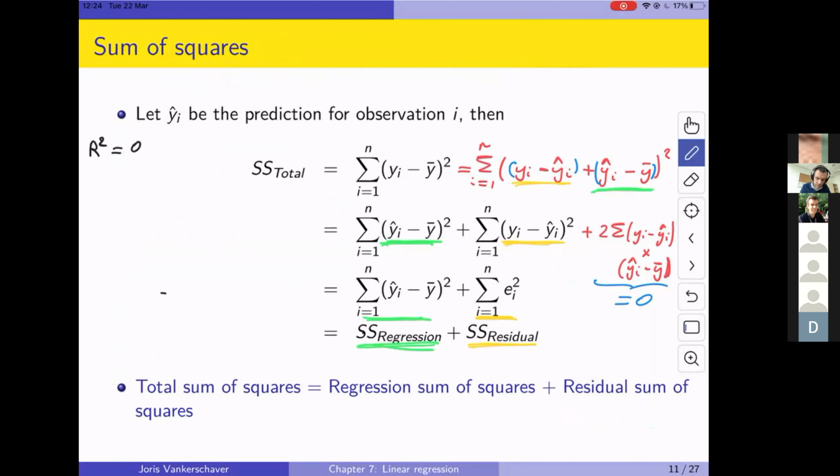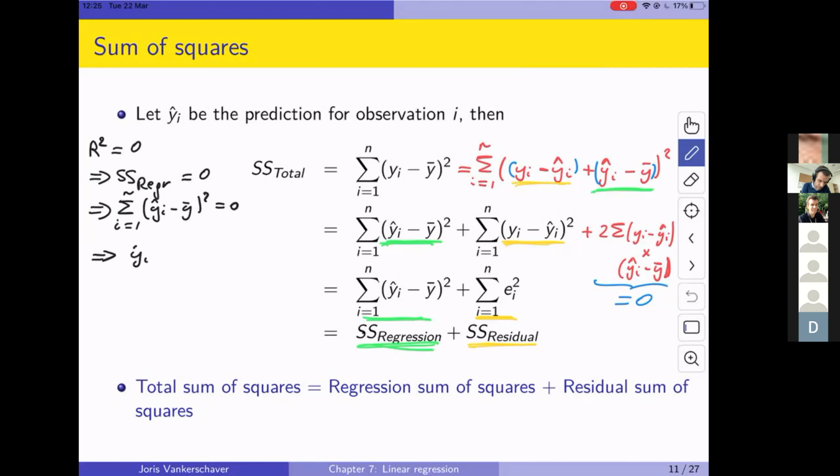Let's say R squared is equal to 0. Then that means the sum of squares of the regression is equal to 0. And from the definition, it follows that this sum of squares should be equal to 0. If you have a sum of squares of things being 0, each individual term has to be 0.